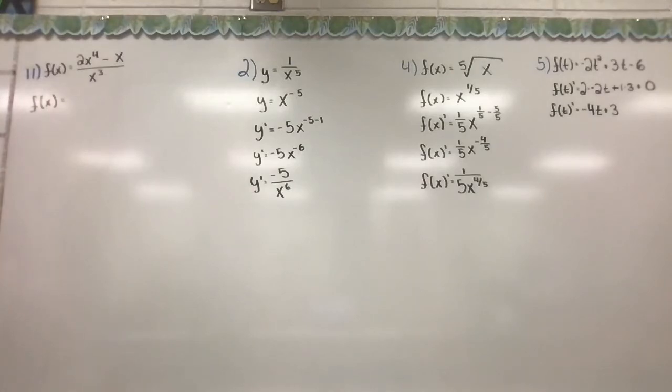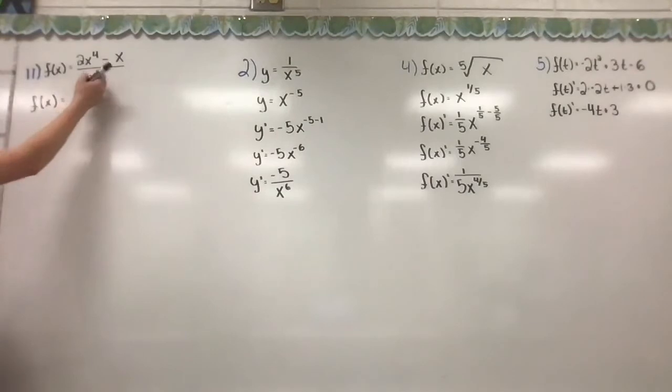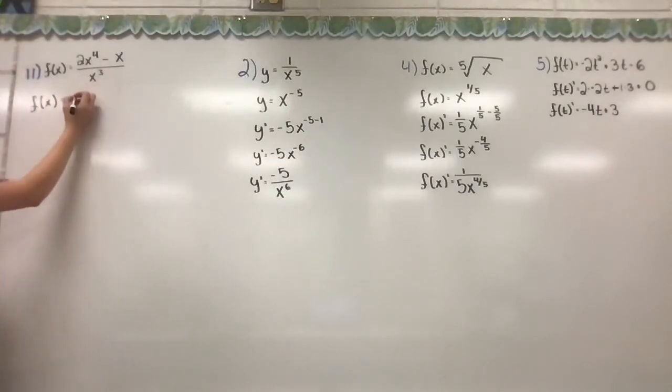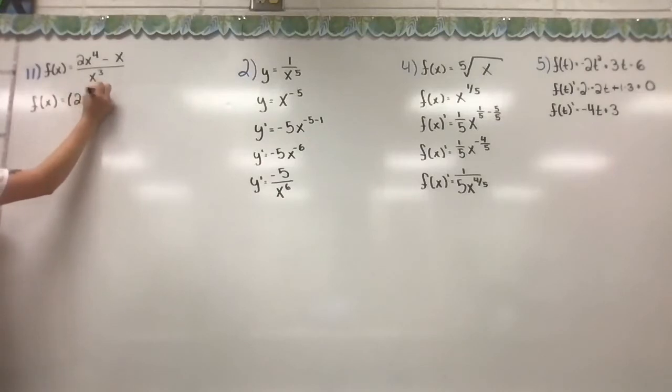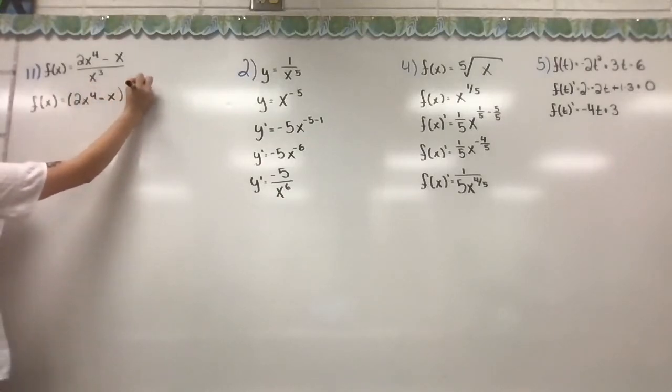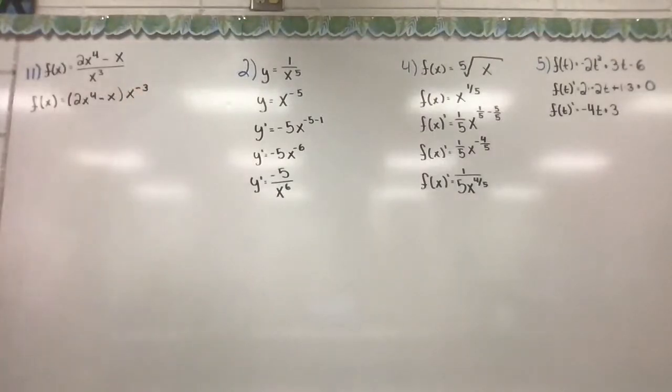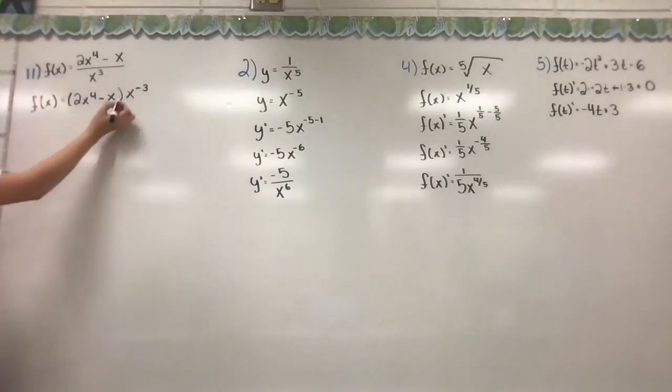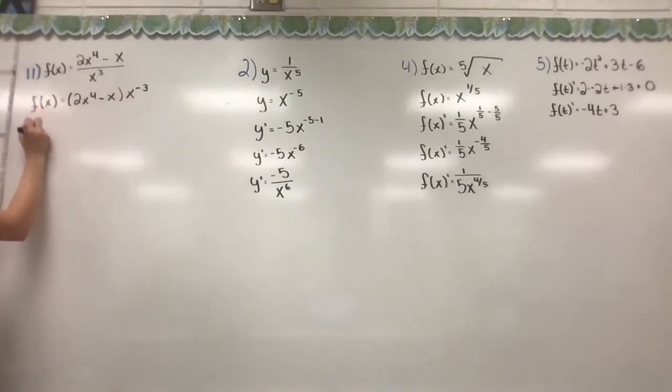What's the thing we have to change? What do we have to do with this right here, the bottom part? Yeah, so we're going to have 2x to the 4th minus x times x to the negative 3. Okay, so we move it on up.